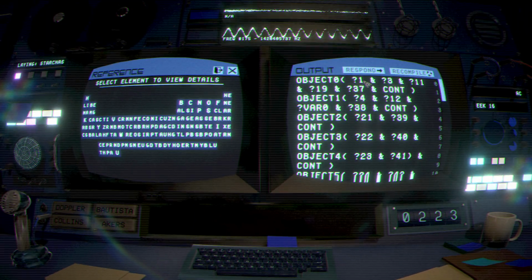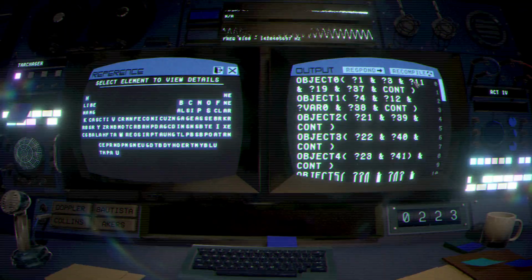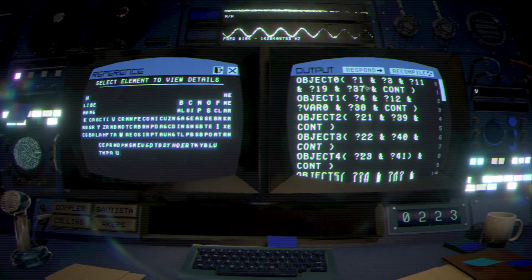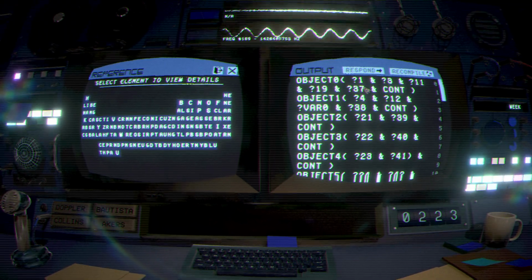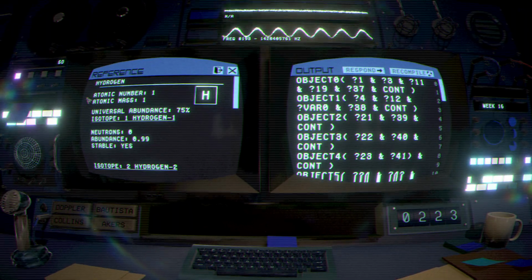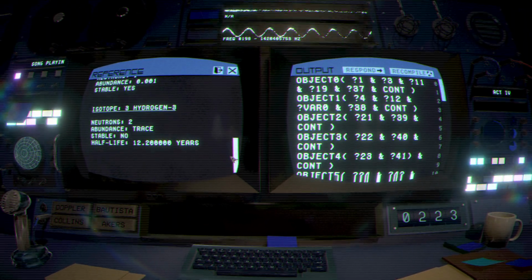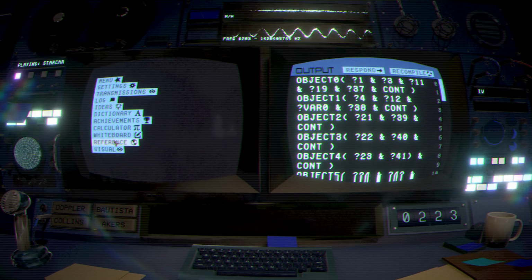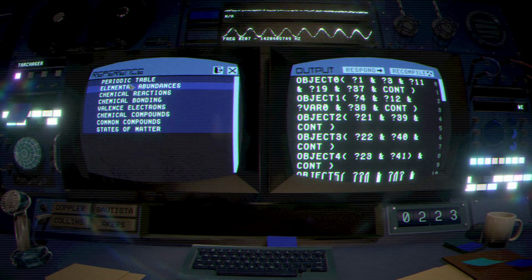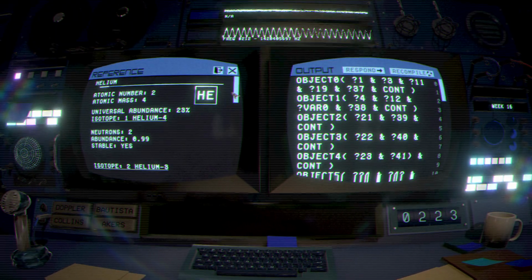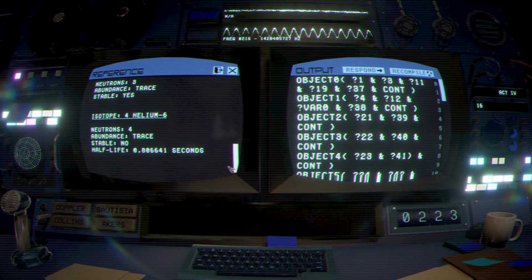But let's go based off of this. So it has 1, 2, 3, 4, 5 options. Whoopsie. These have 5 isotopes.